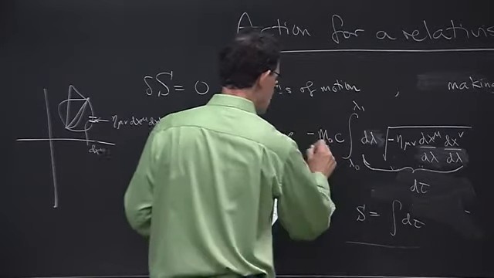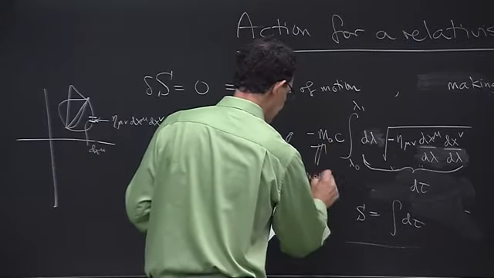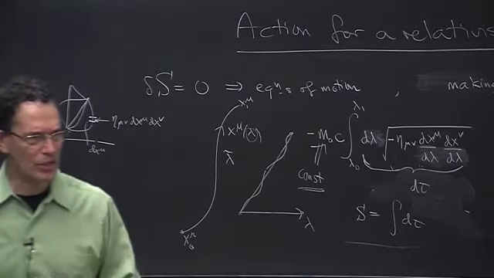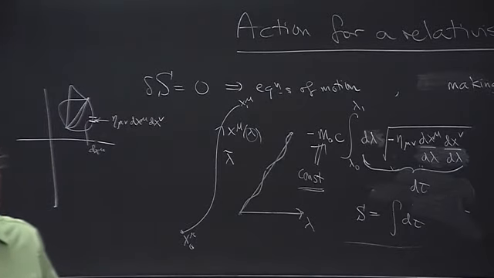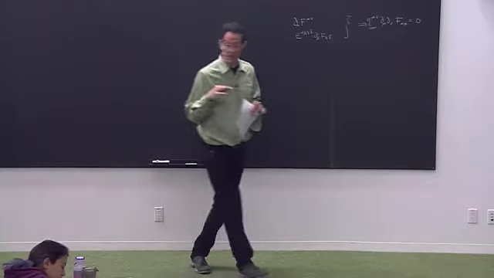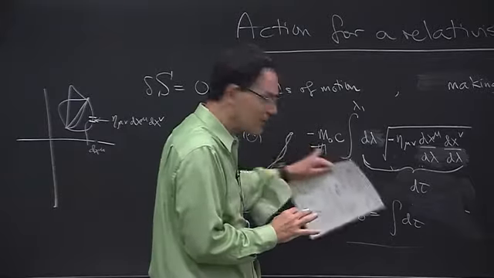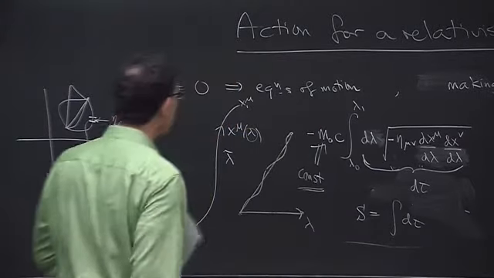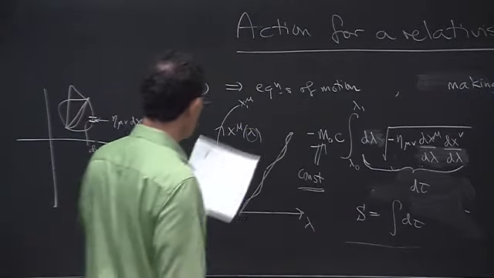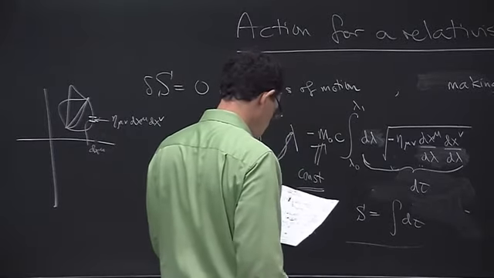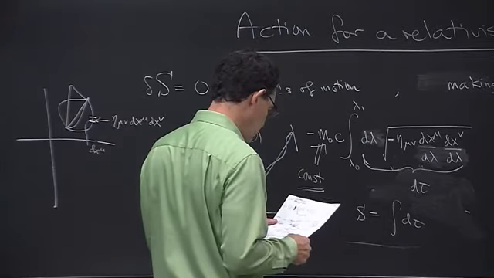But for the moment, just think of this as some constant. The overall constant in an action doesn't affect the equations of motion at all, because it doesn't affect delta S equals 0. But when we get to Noether's theorem, we'll find the definition of the energy depends on this constant. So for the moment, take my word for it that it'll turn out to be m naught c.